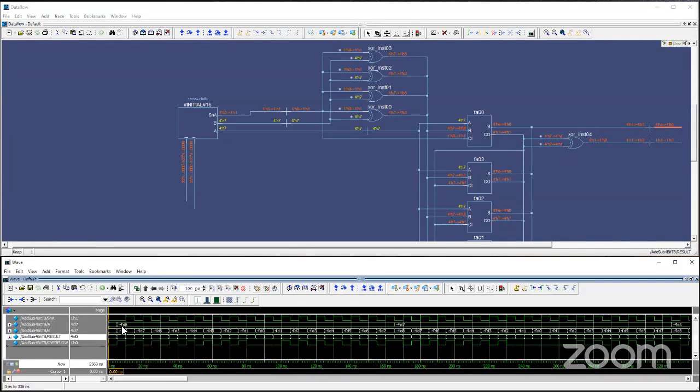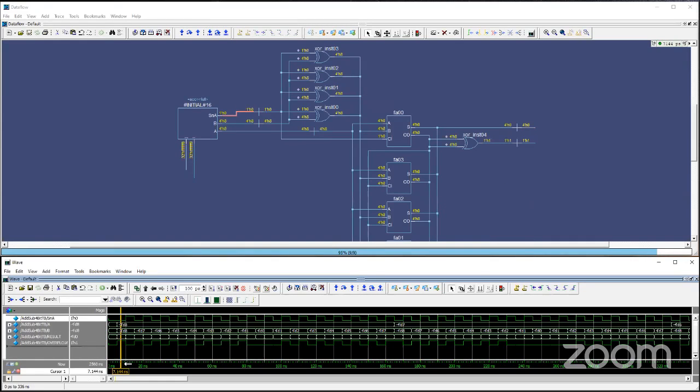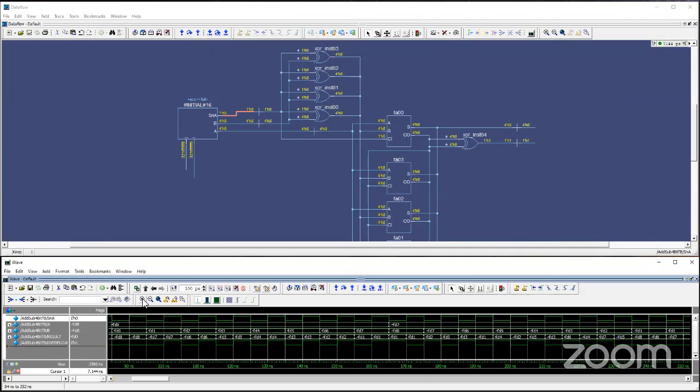So you see at this point, for example, both my operands are -8 and -8.